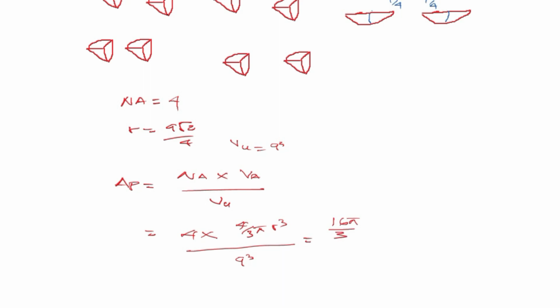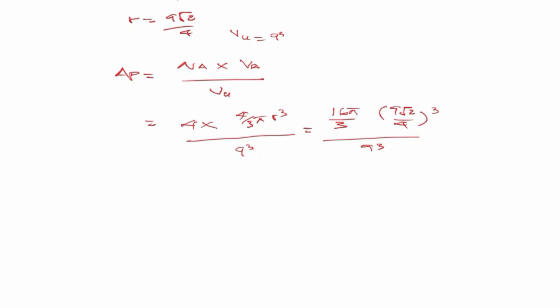We said our R is A root 2 over 4, cubed, all over A cube. So this can be further simplified, our APF.